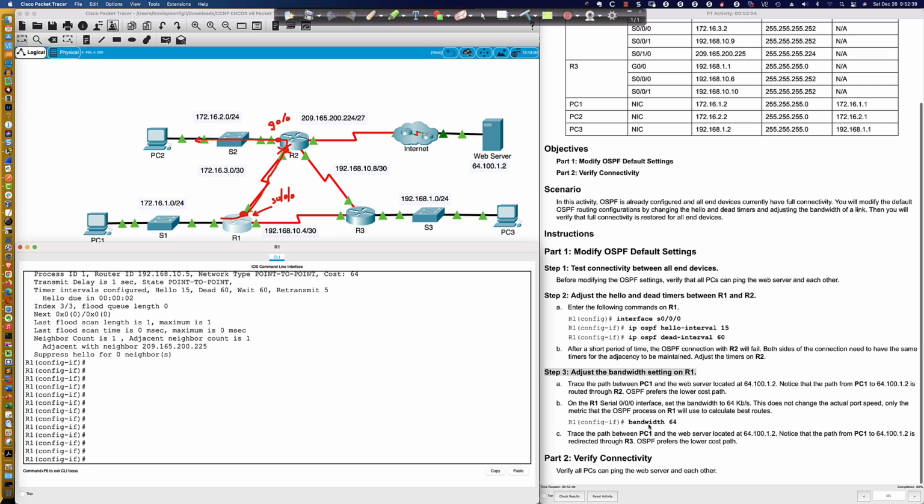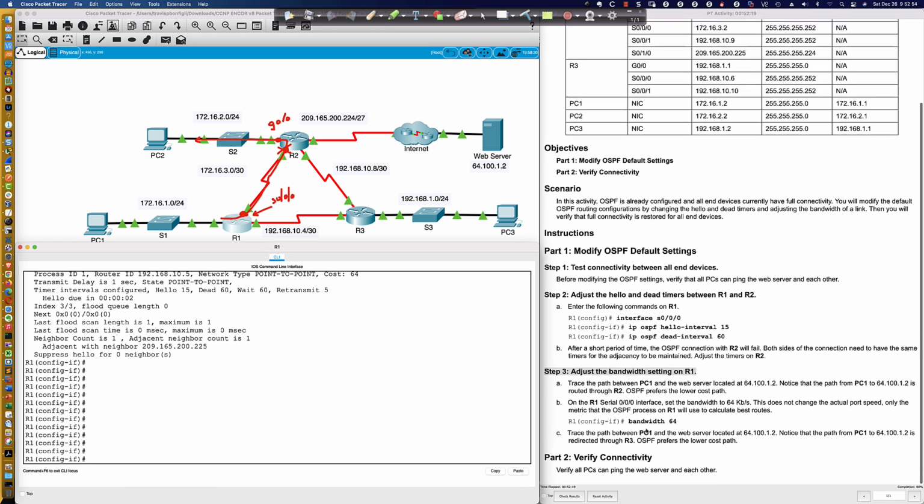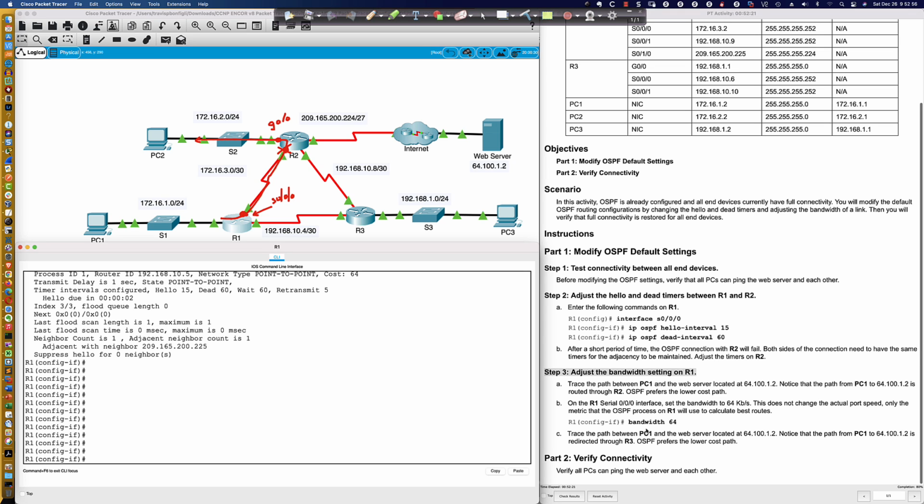Now, again, if you're only running OSPF here, sure, you could get away with this if you're not running EIGRP, if you're not running quality of service. But keep in mind that sure, you could do it this way. However, should you?